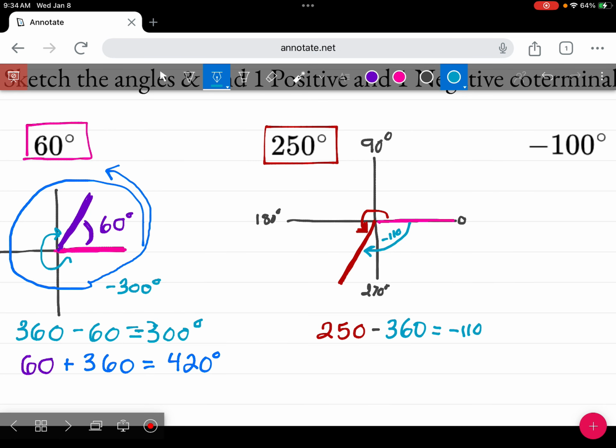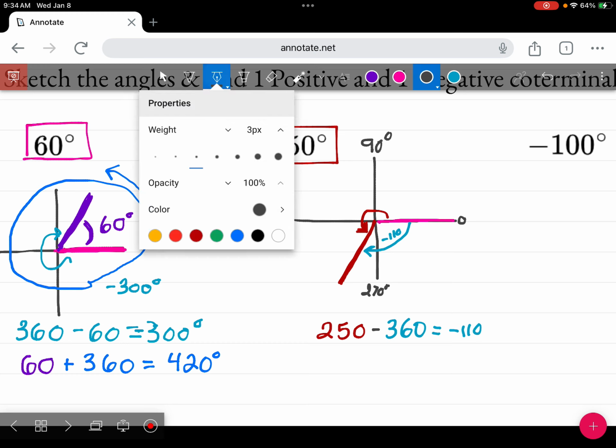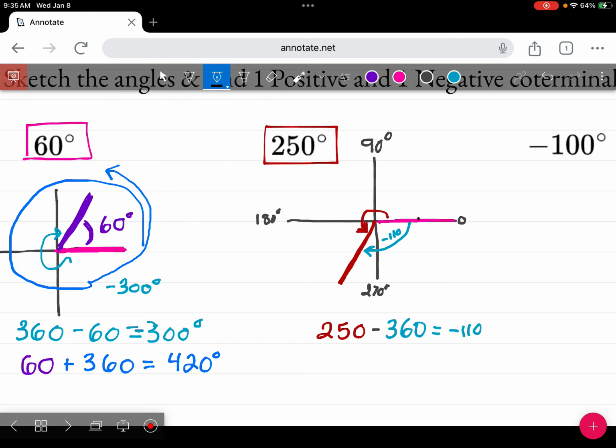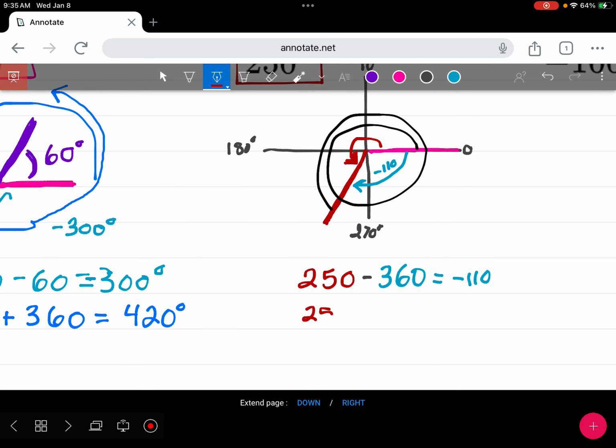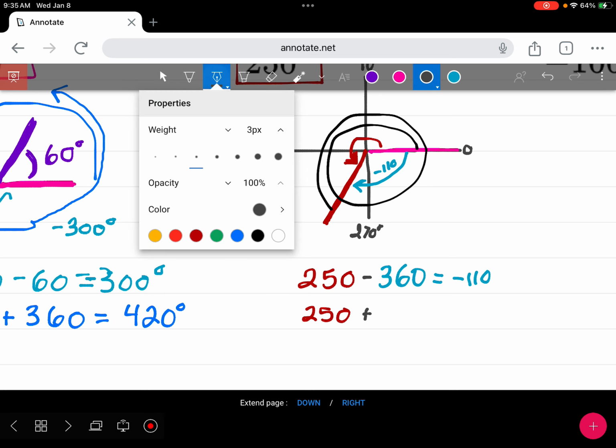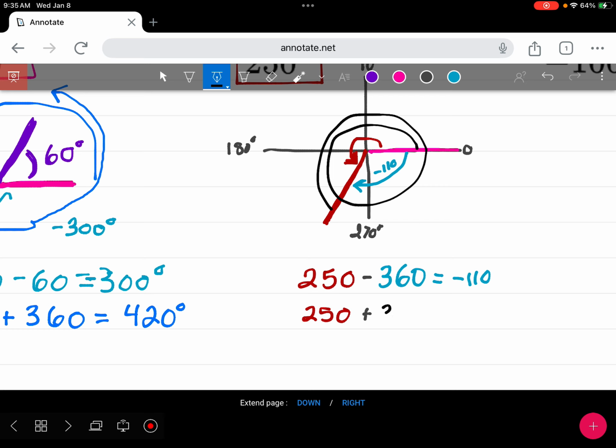To find our positive coterminal angle, we're going to take a different color pen, and we're going to do a twirl all the way around, and then come back to our terminal side. So we're starting at the same place, we're ending at the same place, we're just getting a little fancy in the middle. So we're going to take our 250, and we are going to add a circle. So we're going to add a twirl, add 360 degrees. 610.